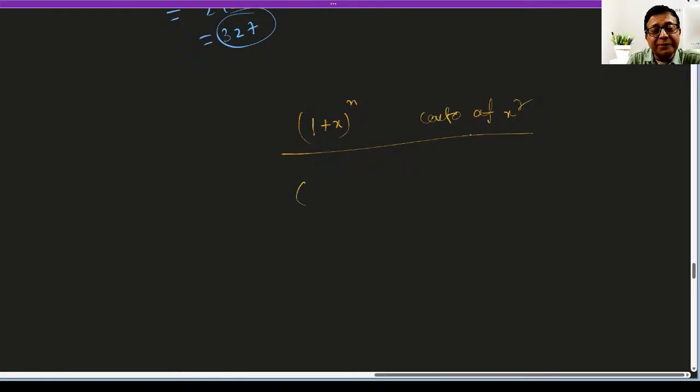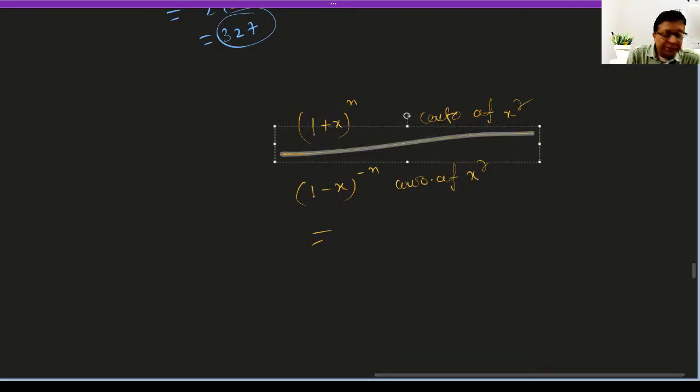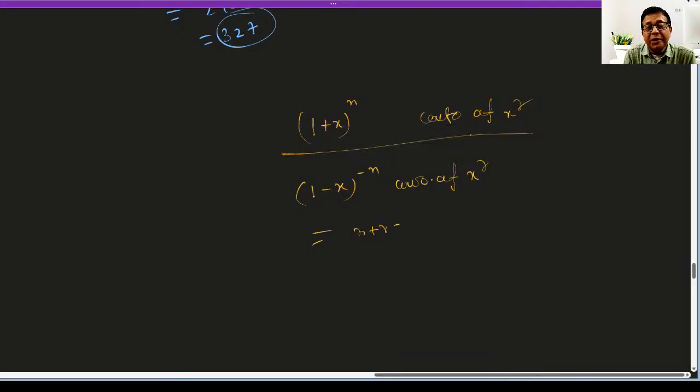But if the binomial is like this, with a negative power, then the coefficient of x to the power r will be n plus r minus 1 C r. Okay? You can simplify this. If you simplify, the result will be n into n plus 1, n plus 2, up to n plus r minus 1, by factorial r.